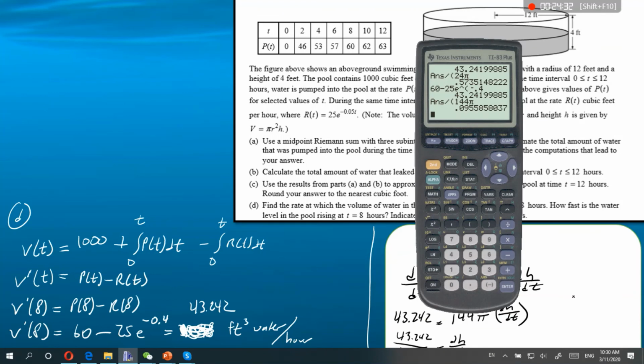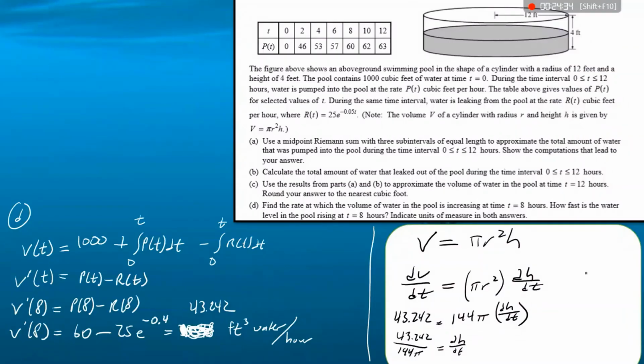That gives 0.096. And what are my units? Feet per hour. Okay.